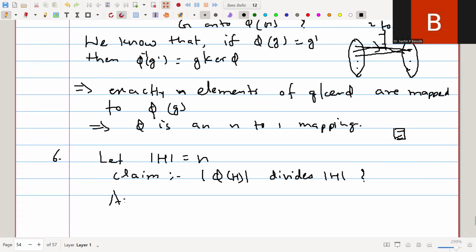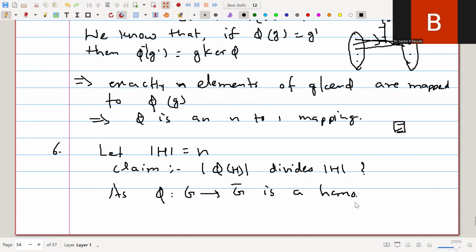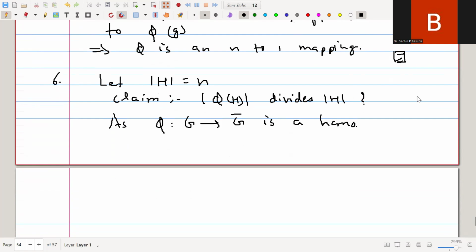Now, as phi from G to G bar is a homomorphism, what is the case? Suppose this is G, this is G bar, and this is the mapping phi. We will restrict this mapping phi to h.